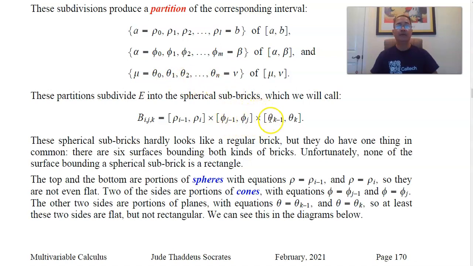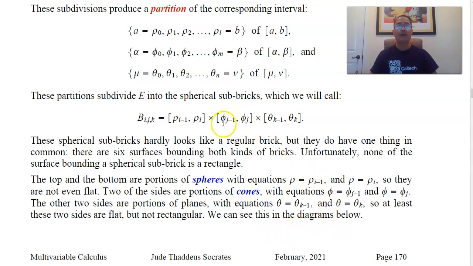And then for theta, we will go from theta k minus 1 to theta k. So basically, we're going to make very small spherical bricks, and we're going to find out that they do look a lot like regular bricks. Therefore we'll be able to approximate their volumes using regular length, width, and heights.